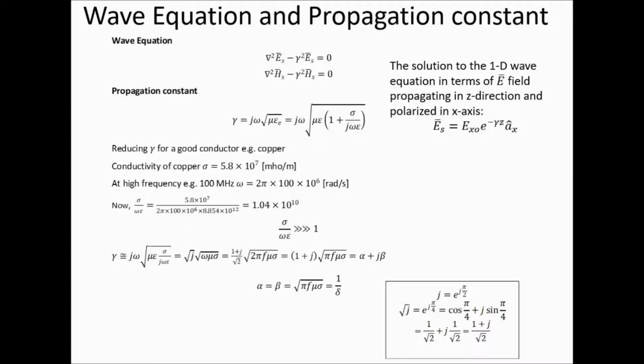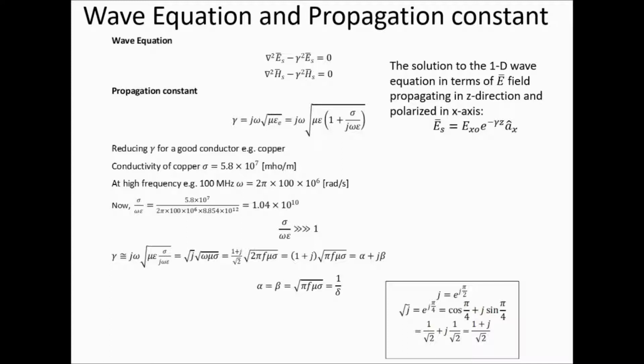The expression of gamma is the same as we learned for the lossy case. If we solve the wave equation for the one-dimensional case in terms of the E field propagating in the z direction and polarized along the x-axis, you will come up with the solution Es equal to Ex0 e to the power negative gamma z ax.